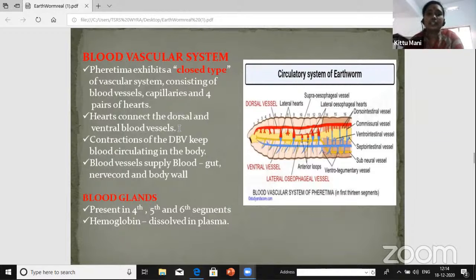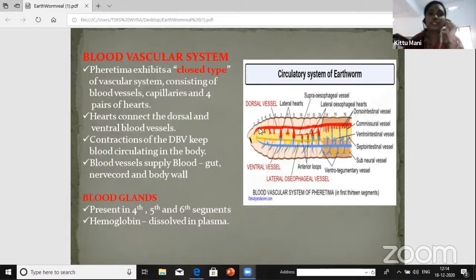Here the hearts connect the dorsal and ventral blood vessels. Dorsal and ventral blood vessels we will observe here. The blue one is the ventral vessel and the red one is the dorsal vessel. Here the dorsal blood vessel shows contractions like a heart, and it shows contraction when it circulates the blood.